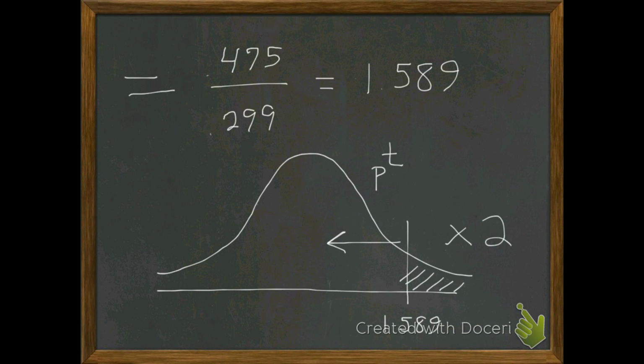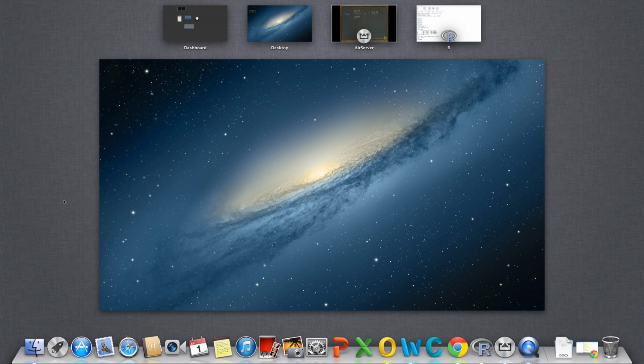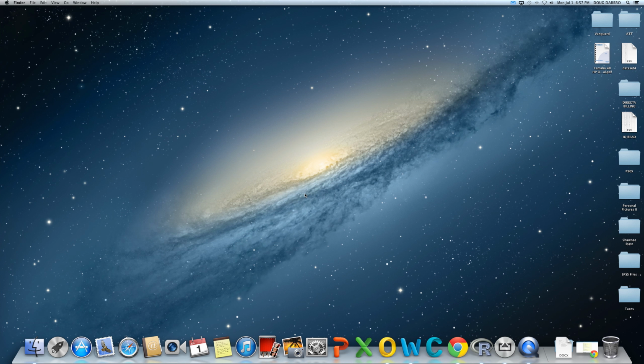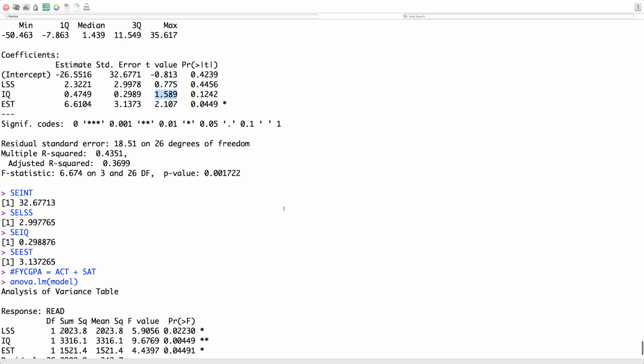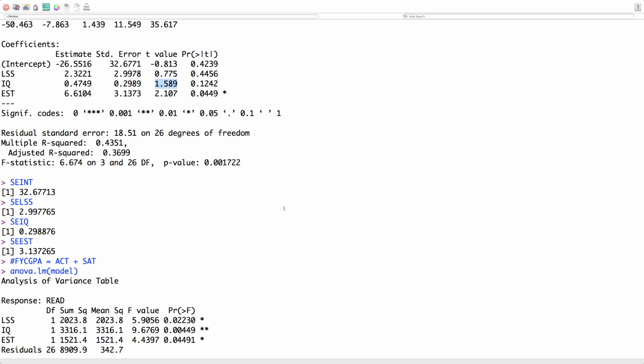Now, for these calculations, let's see, our degrees of freedom for the estimates will be, well, I forget. What are the degrees of freedom for the T?